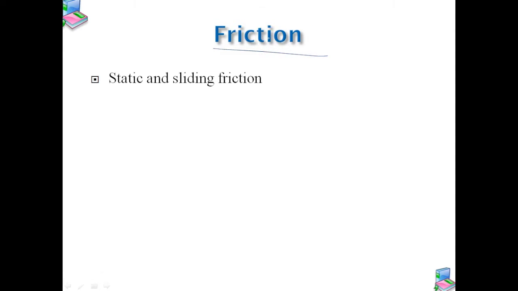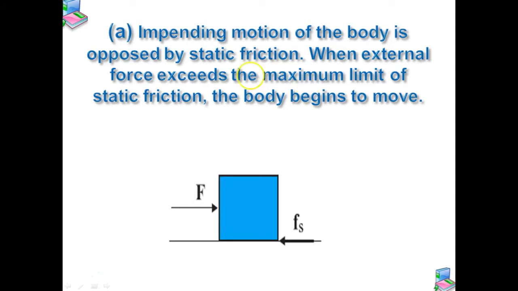Okay, so let us return to the example of a body of mass m at rest on a horizontal table. You just consider this example. See, the mass m of a body is at rest on a horizontal table.